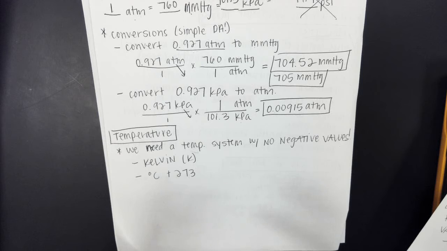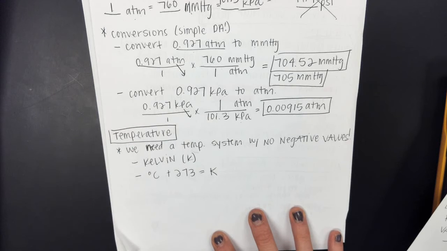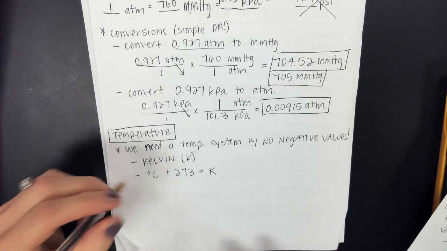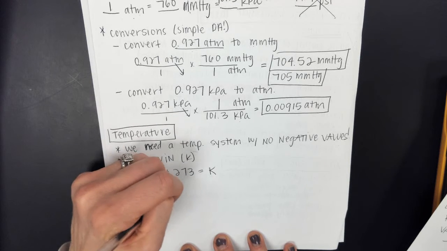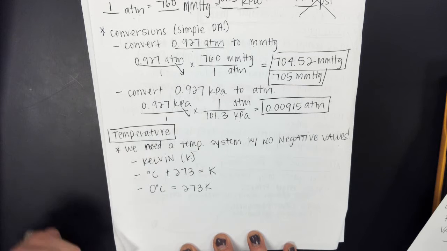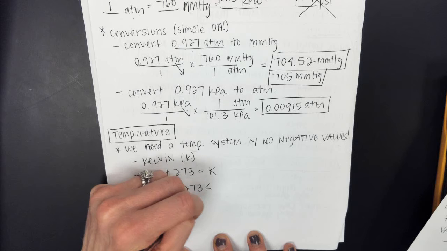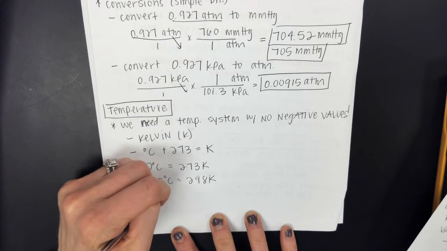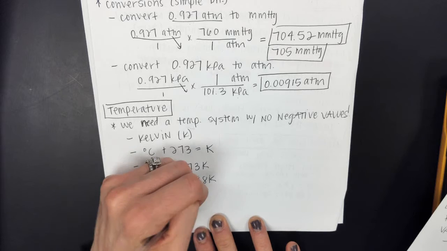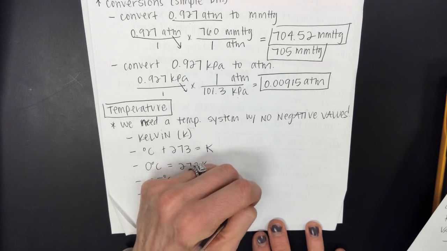So whatever degrees Celsius you have plus 273 equals your Kelvin temperature. 0 degrees Celsius would be 273 Kelvin, right? 25 degrees Celsius would equal 298 Kelvin. Negative 273 Celsius would equal 0 Kelvin, and this is what we call absolute zero.